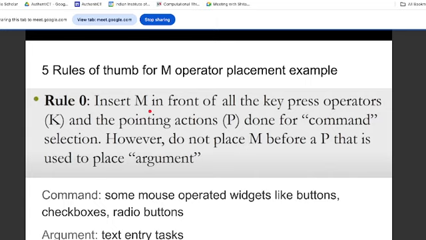So when I press Control S to save a file, the operator sequence is first M, because it is a key press for decision making, then I am pressing two keys, the Control key and the S key. So the action sequence is MKK for saving a file with Control S. That's how we state rule 0: you add M before any command action.